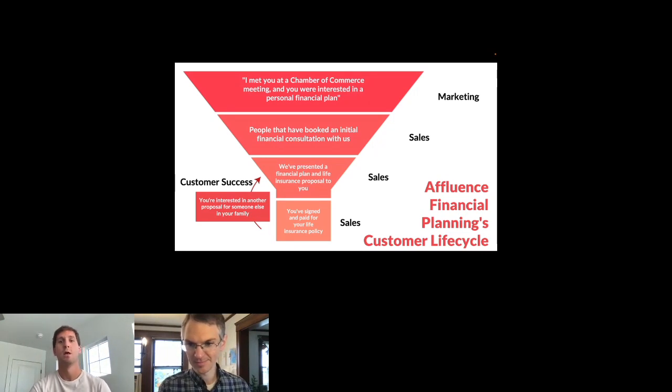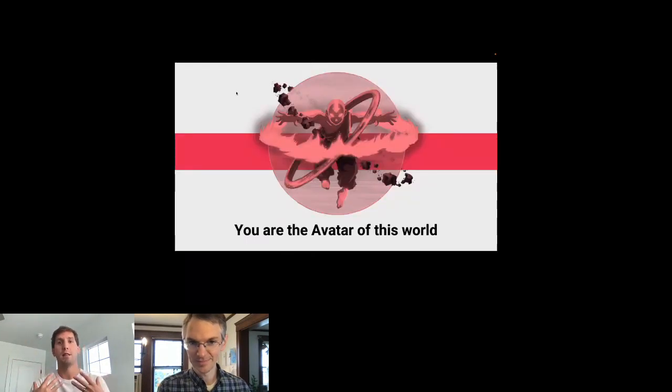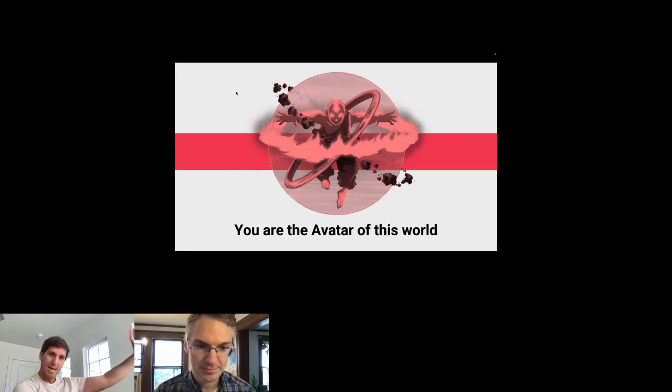So in revenue operations, you are expected to be like the Avatar, and Nickelodeon, please don't take this down. Anyone that doesn't understand this reference: Avatar: The Last Airbender, earth, air, fire, water. You in revenue operations are expected to be the person that is able to make use of sales and sales operations and marketing ops, and then customer success, and reduce churn and drive more renewals and upsells and cross-sells.